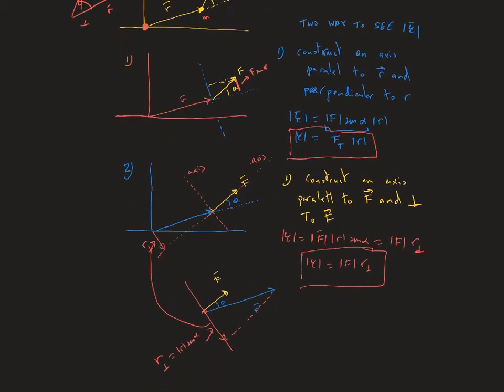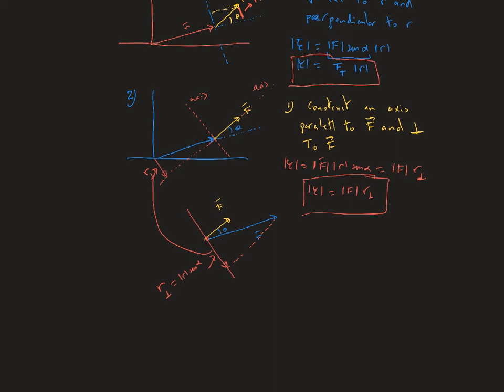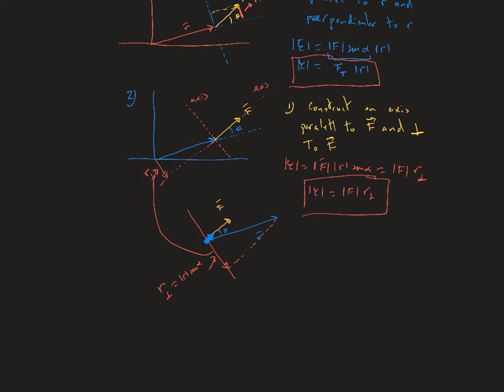So R cosine of theta will be projecting R over F. So what is R sine of theta? It is this quantity, R sine of theta.